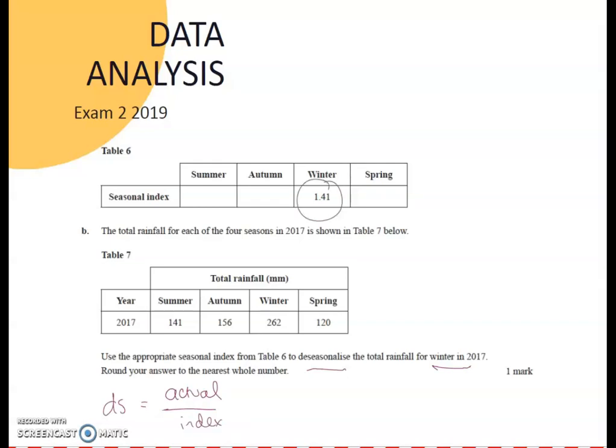We have the index for winter already. So that means our de-seasonalised rainfall will be the actual rainfall divided by the index, and that gives us 185.82. So to the nearest whole number, 186 millimetres.